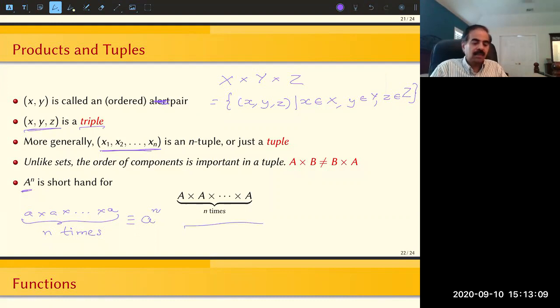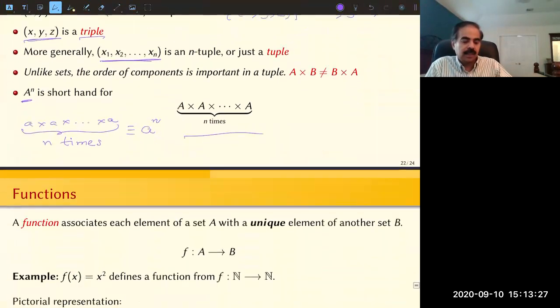So for a set A, A to the power n simply denotes a Cartesian product of A with itself taken n times, right? So any questions so far? Okay, very good.